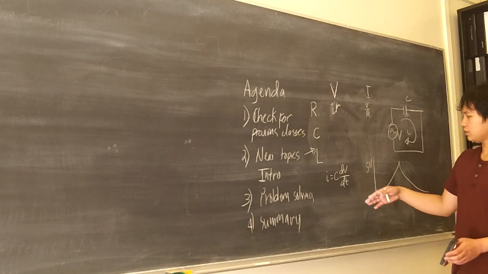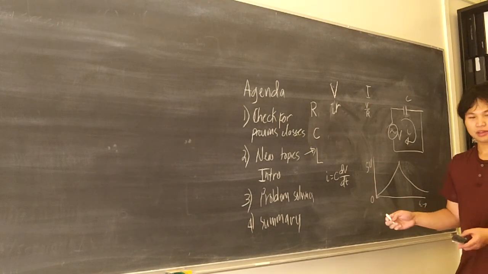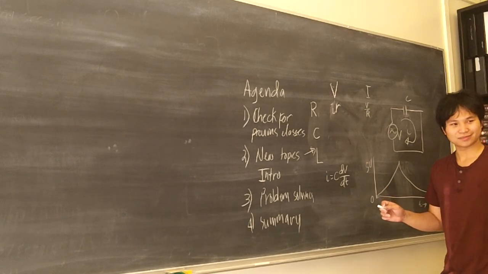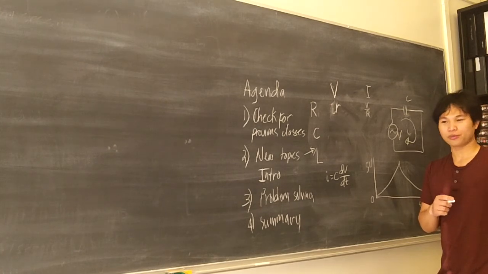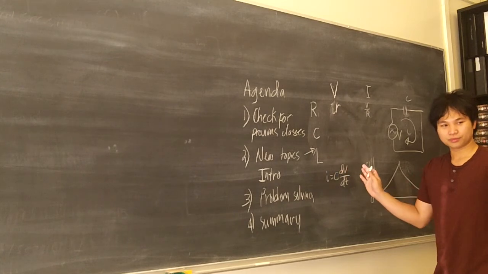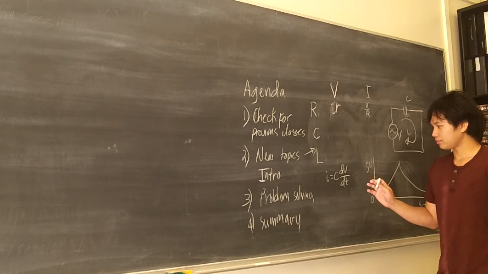But if you want to get the voltage now, how would you do this? This is just mathematics. How do you get the V? Integrals. Integral of I dt equals C dV.